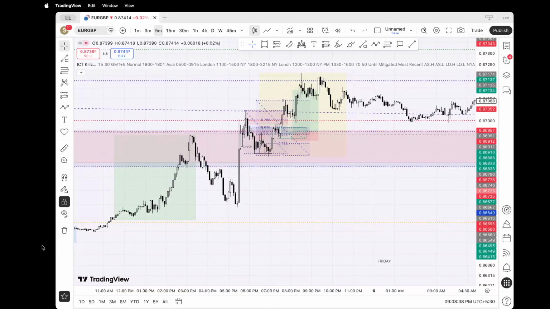Let's see the price. What is the opening price, man? Original position type, opening price 0.86923, somewhere here. Okay, from here I made a sell trade.